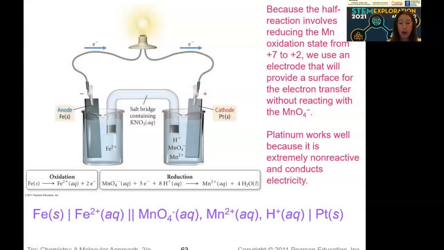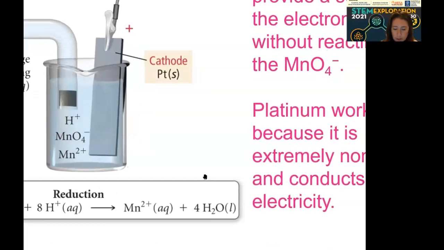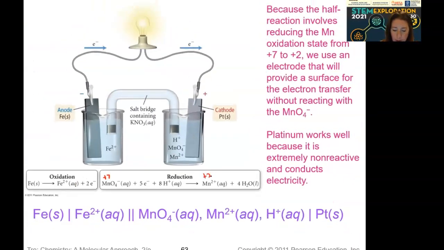The most common electrode you're often going to see is platinum, because it's very inert. In this case, you can see that you have manganese right here, that's a +7. Again, this is what your quiz will be on this week, like what's the oxidation state. It's going from a +7 to a +2. But if you look here, this is aqueous and this is aqueous. So we need a place for this reduction to take place.